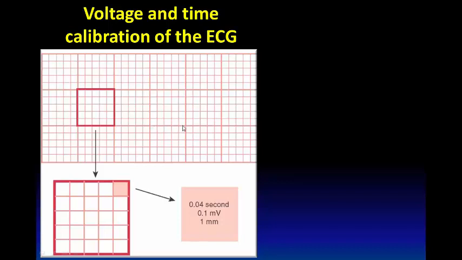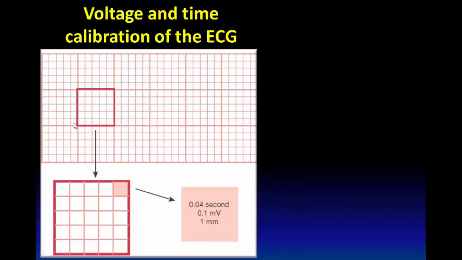Each large square is composed of 5 small squares in the vertical direction and also in the horizontal direction. Each small square is equal to 1 millimeter horizontally and vertically.